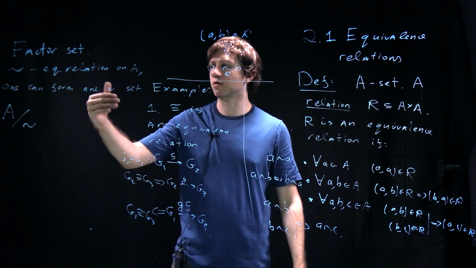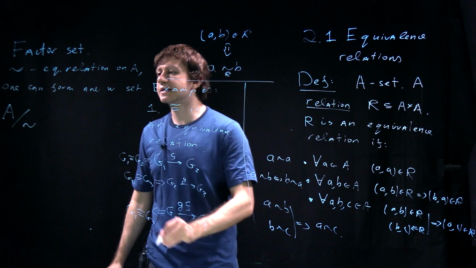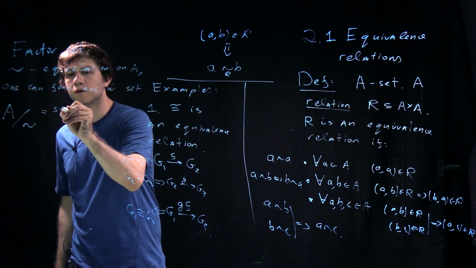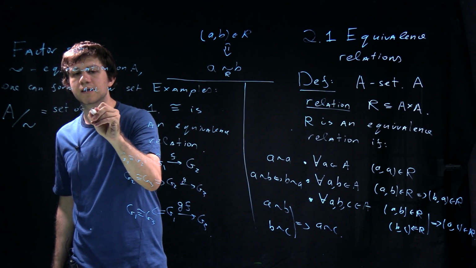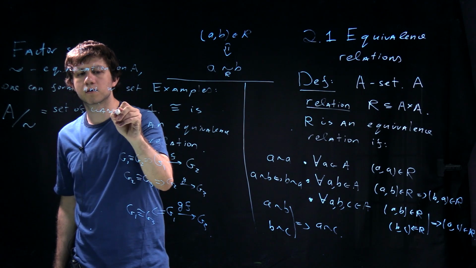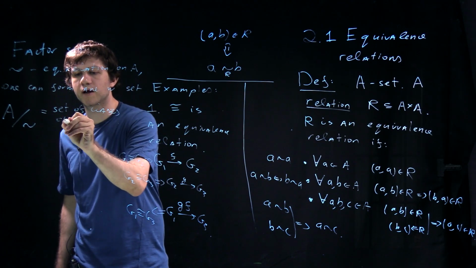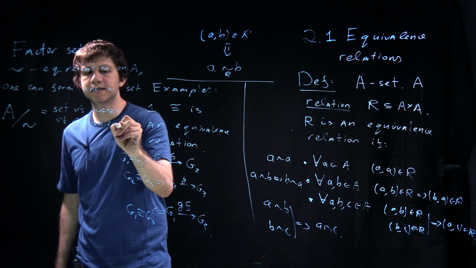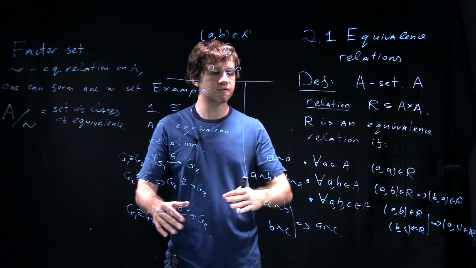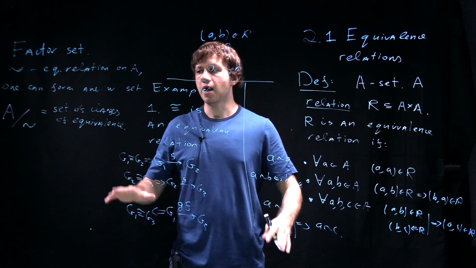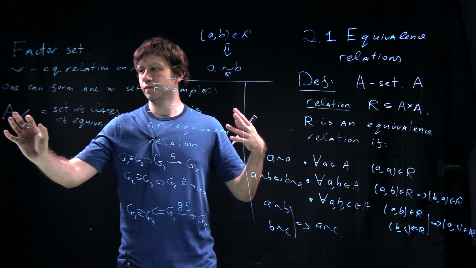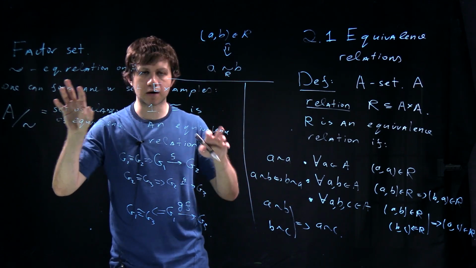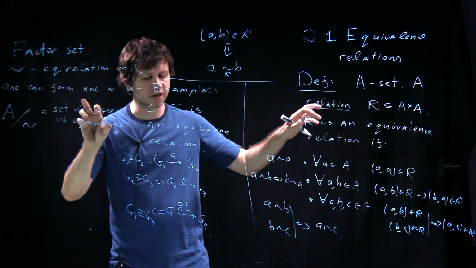This will be called a factor set. And this is the set of classes of equivalence. So the idea is that you can identify equivalent elements and you will have a smaller set where the elements are just classes of equivalence of elements.